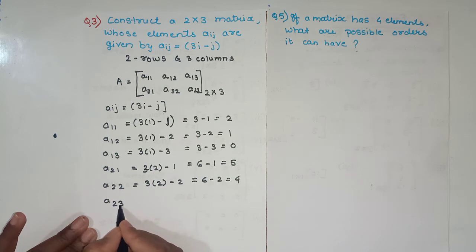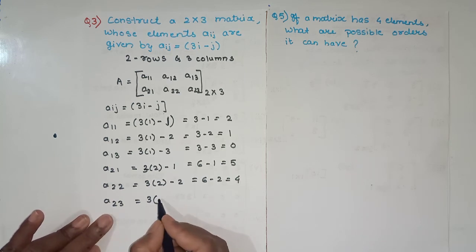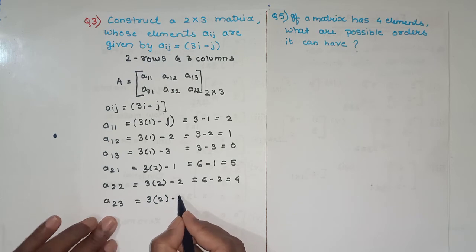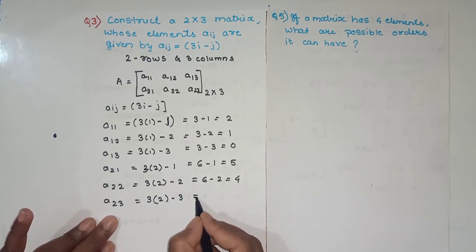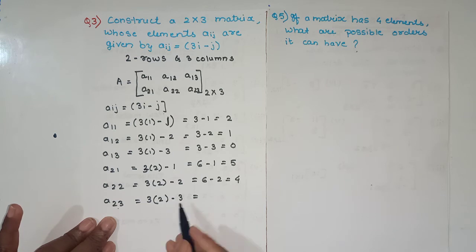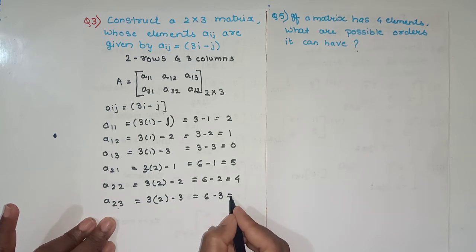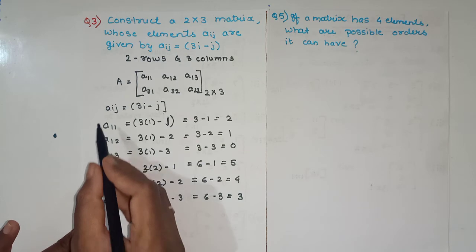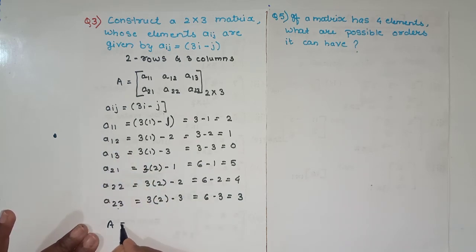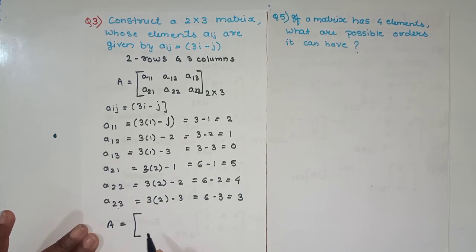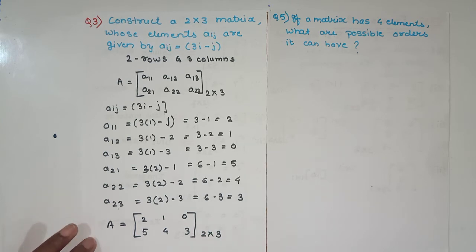Then A23 means 3 into 2 minus 3, which is 3. So the elements of the matrix will be 2, 1, 0, 5, 4, 3, and the order of the matrix is 2 by 3. So this is your required matrix.